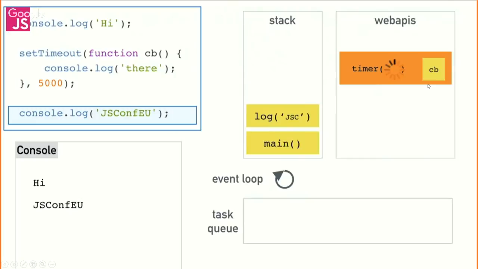So here the CB, the callback function, goes in the task queue. It's not put on the stack for execution because that would be really random behavior. This is very important to know. It gets put in the task queue, not in the stack. This is where finally the event loop comes in.